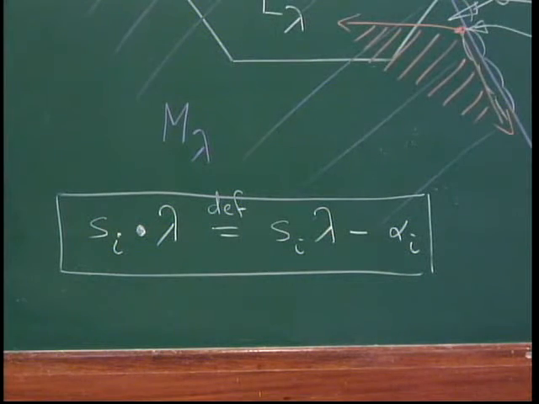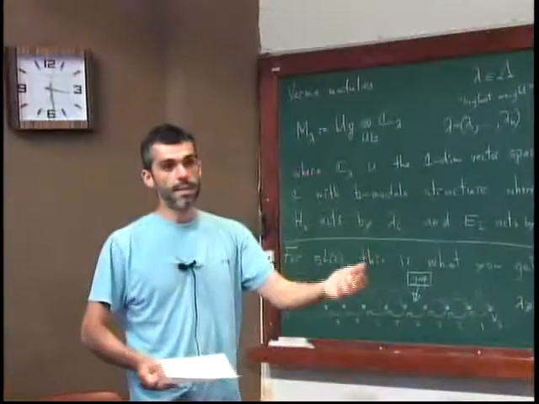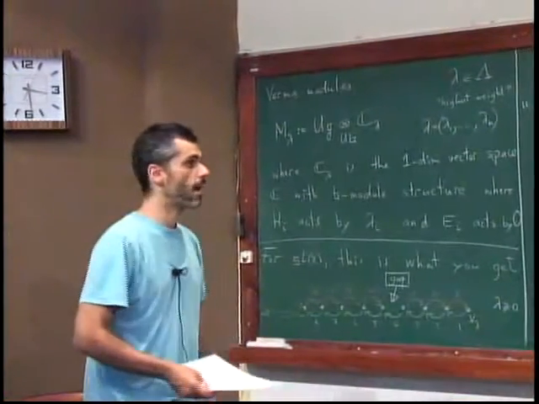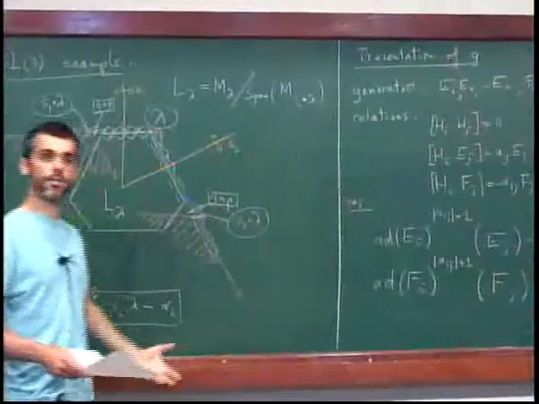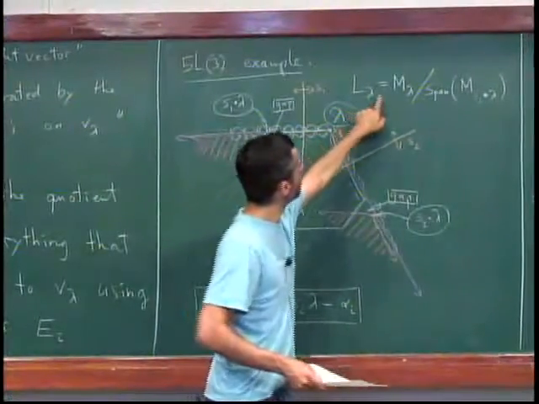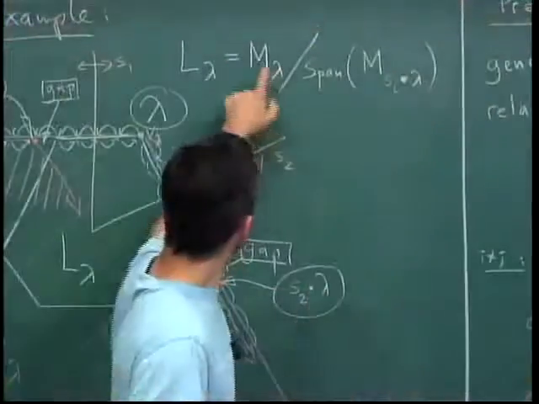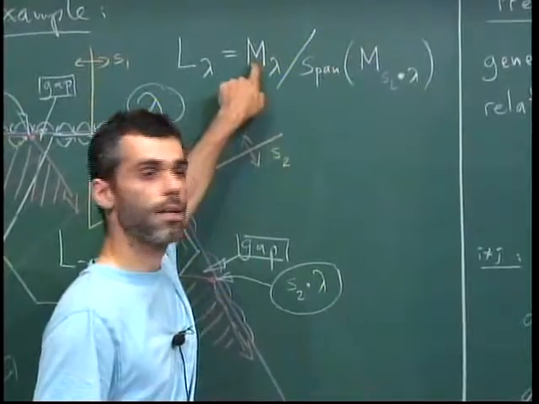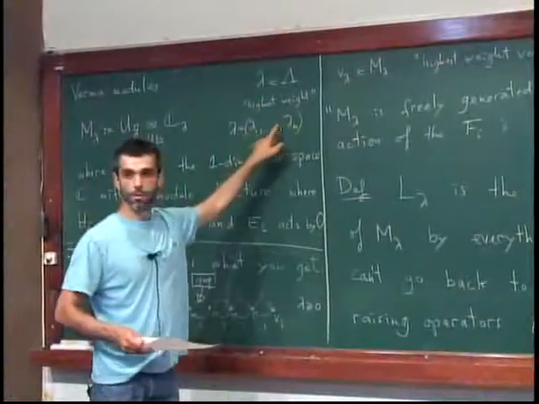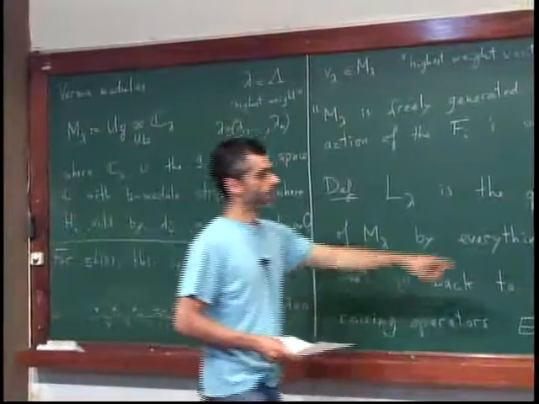Okay, so now there is a theorem that I can state, I won't prove it, which is that any finite dimensional representation of this Lie algebra is given by this construction, is of the form L lambda, which is a quotient of a Verma module, where all these numbers lambda_i need to be positive, otherwise you don't find these gaps.